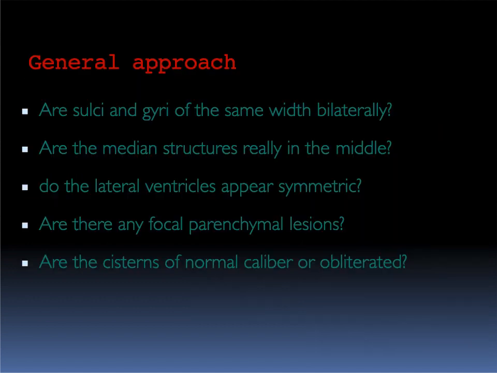In general approach we check the sulci and the gyri, comparing right to left, then midline shift, medial structures, lateral ventricles symmetrical or asymmetrical, focal parenchymal lesion, and the cisterns, which are very important: CSF cisterns with obstruction or no obstruction.